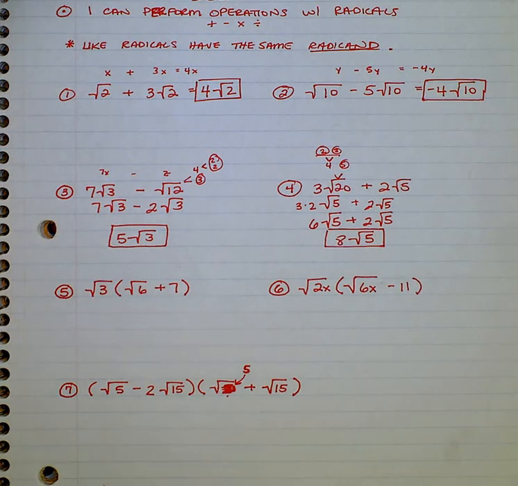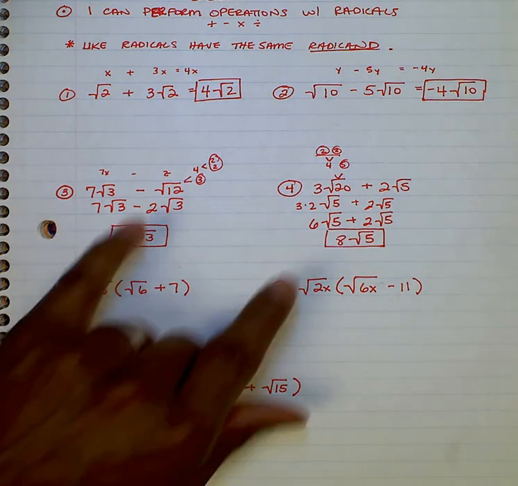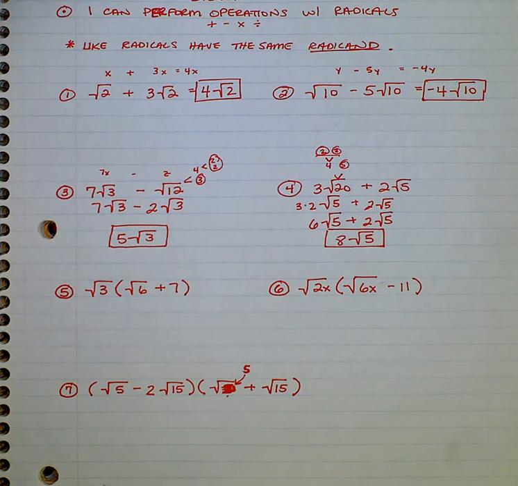Hopefully that makes sense. You see how we're able to change sometimes radicals that are not the same into like terms. Now, that doesn't happen all the time, but I'm showing you instances where you can do it. There will be some cases where you can't add them or change them to be the same.